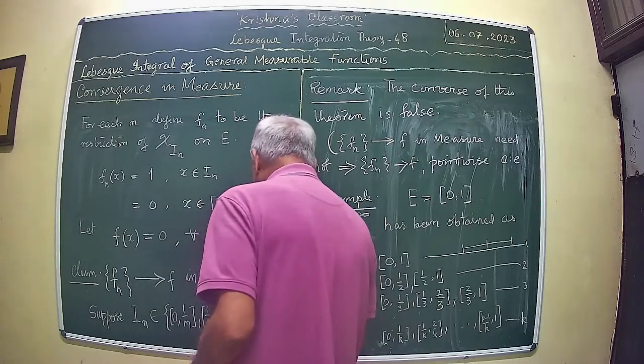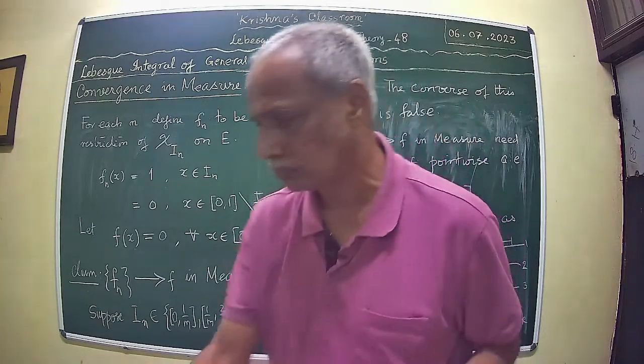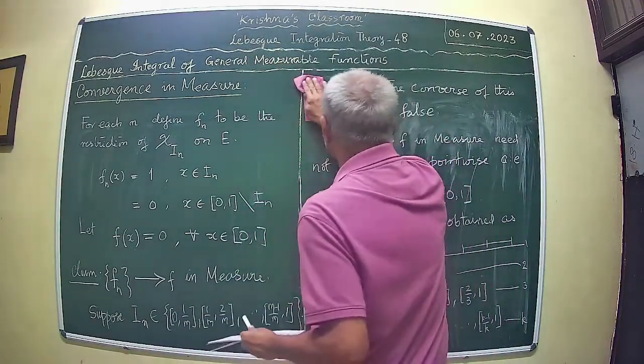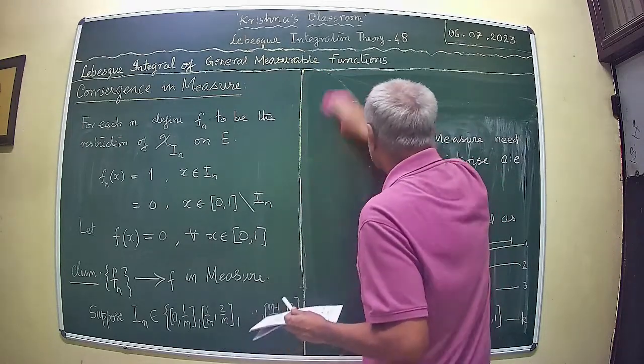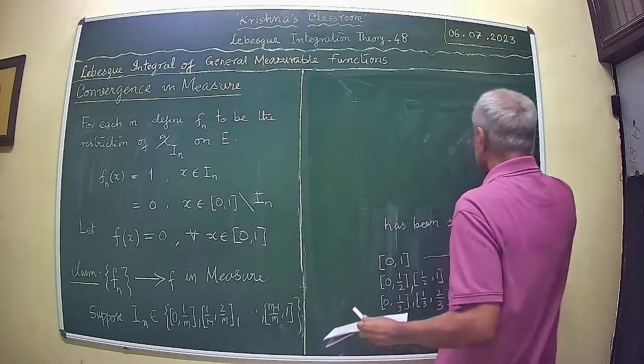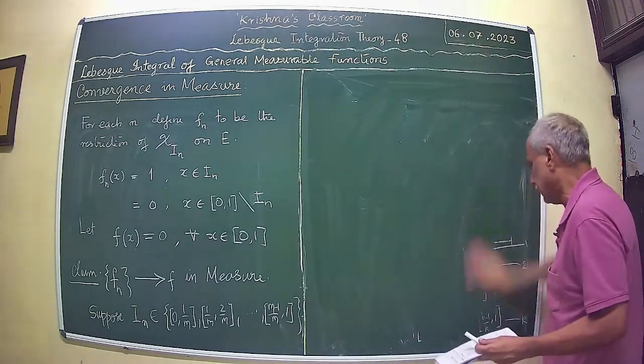It is going to be in one of these for some m. That is, given n, there is some m such that In belongs to this collection.